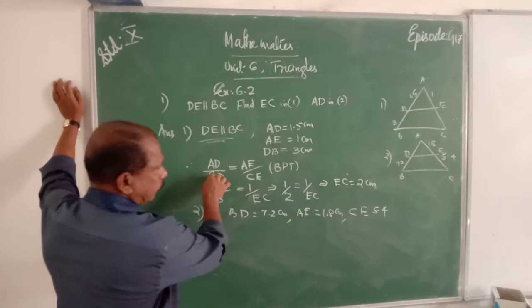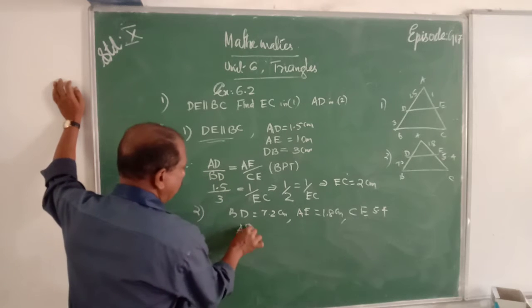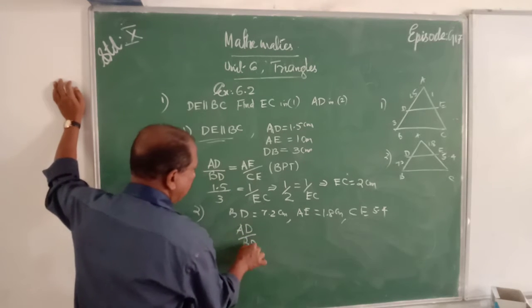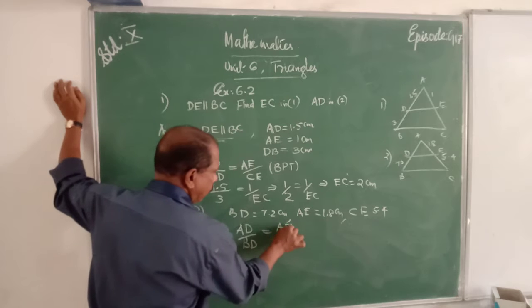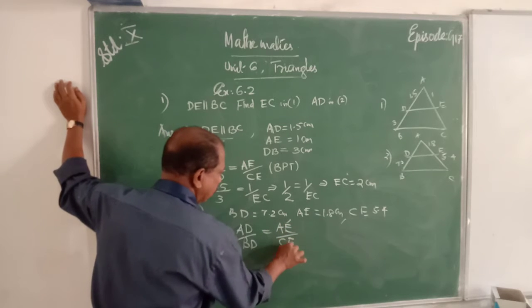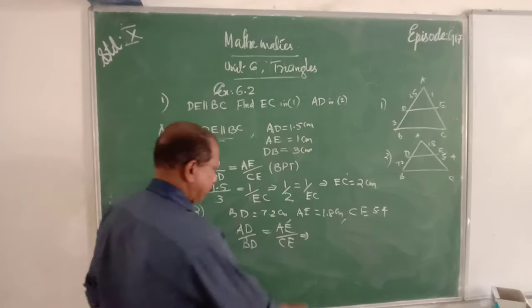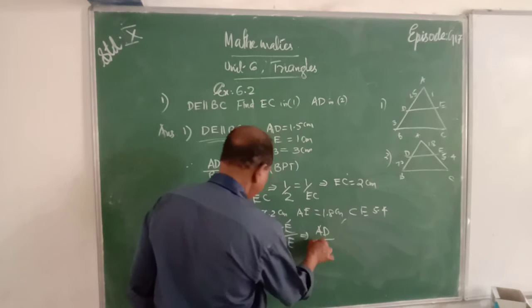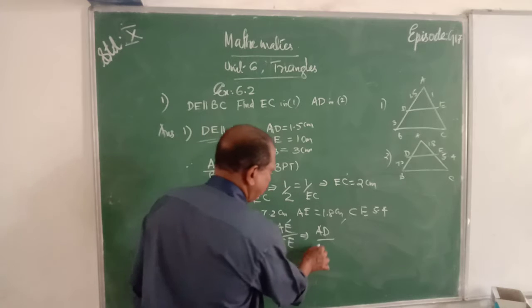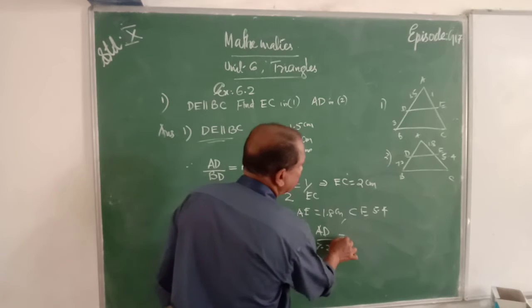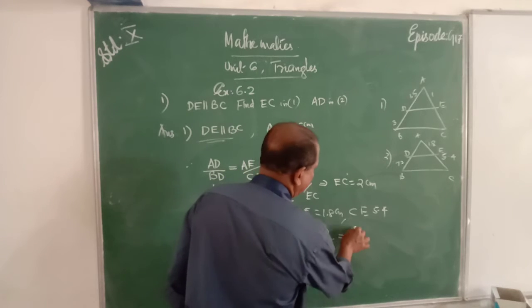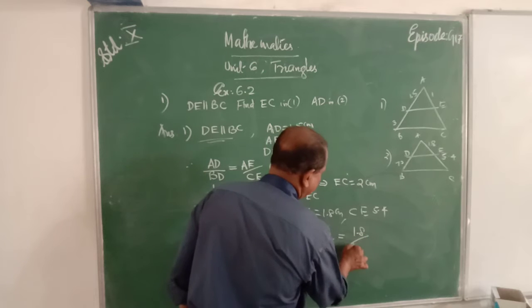Therefore, using the basic proportionality theorem, AD by BD is equal to AE by CE. We can find out AD for the second question. BD is 7.2, is equal to AE, that is 1.8 by 5.4.